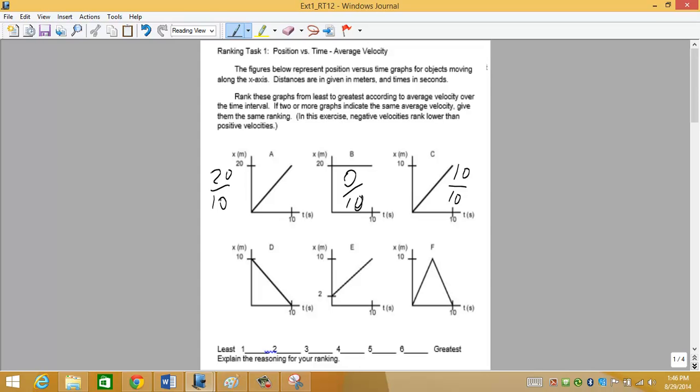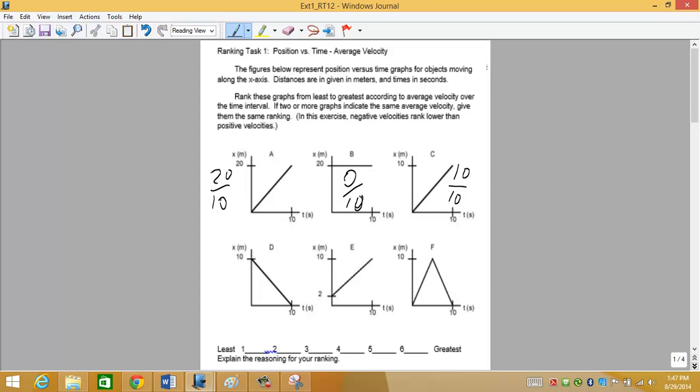In D, what's the big difference? Just look at those graphs. Notice that in D, you've got a diagonal line, but it's got a negative slope. You would expect you would have a negative average velocity here. And sure enough, if you try to walk it out, where do you start? I start out at position 10. At time 0, my position is positive 10. After 10 seconds, where do you wind up?